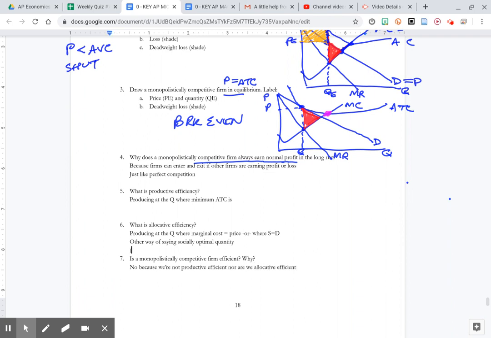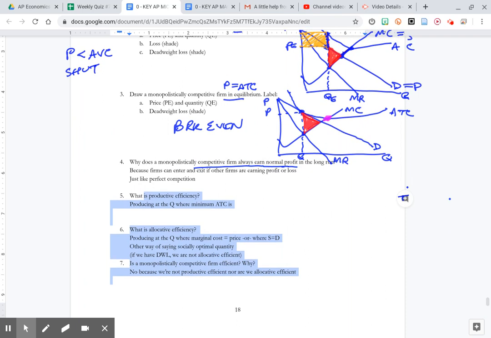And by the way, if we have deadweight loss, we are not allocatively efficient. And so this is something that you're going to get questions about, these 3 things, in all of the different market structures. So we could go back to the other market structures and see this in all of them. And I would encourage you to ask yourself, are they productively efficient? When are they productively efficient? That sort of thing.